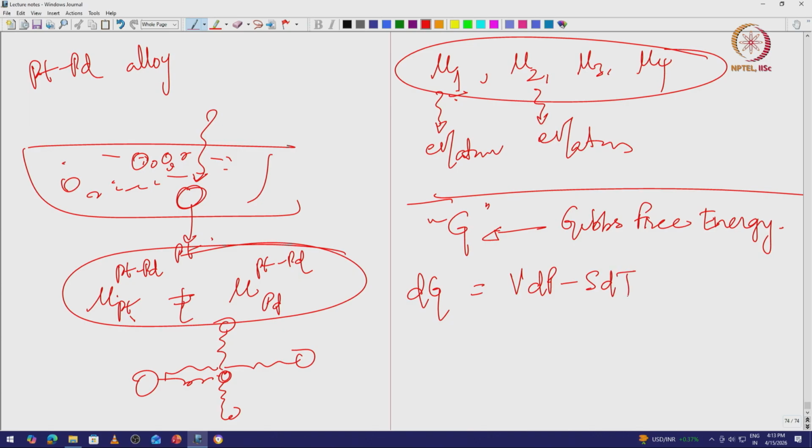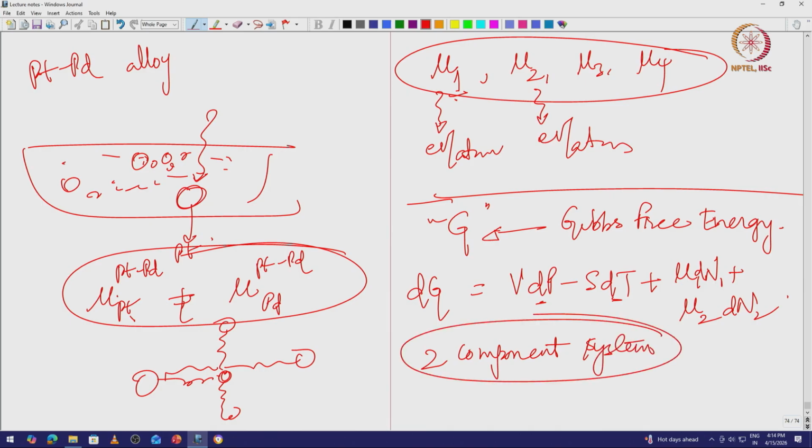So I control G by changing either pressure or temperature, or now I can control this by changing the number of species of either 1 or 2, right? This is for a 2 component system. dN1 is little addition or infinitesimal addition of atoms 1, right? So you can think of it as just adding 1 atom, right? So that is dN1 equal to 1 atom. dN2 is atom 2. In the previous case we were giving example of platinum palladium, right?